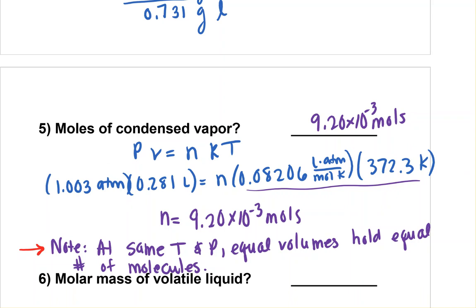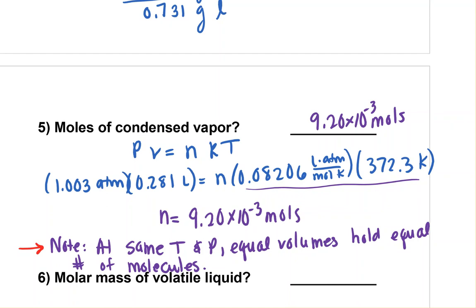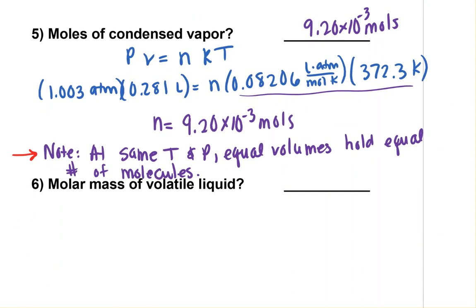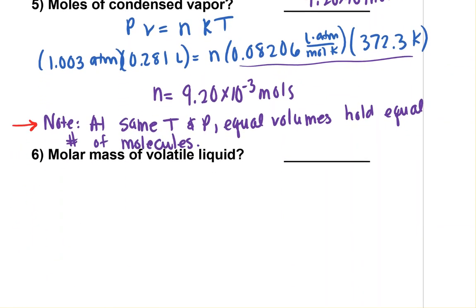So that's kind of interesting, because if we all had the exact same volume for our flasks, since we're going to the same temperature and pressure, everyone would have the same exact number of molecules in their flasks. Of course, we won't all have the same volume of flask, because each flask has a little bit different mass and a little bit different volume.